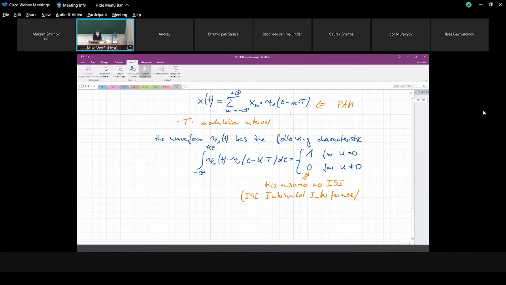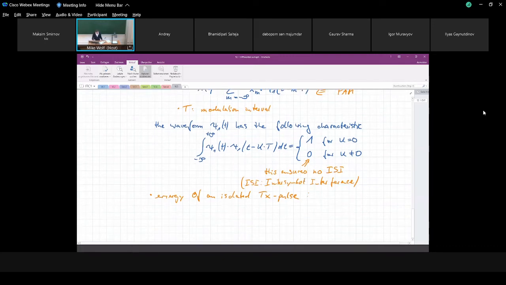Now we say mean energy, let's start with the energy of an isolated Tx pulse. We just consider one pulse isolated and want to measure the energy. What would be the energy?